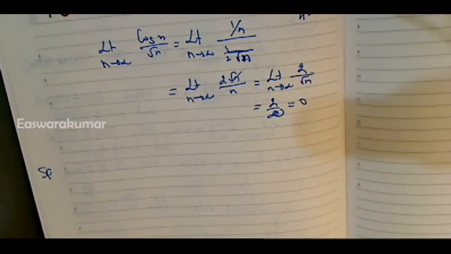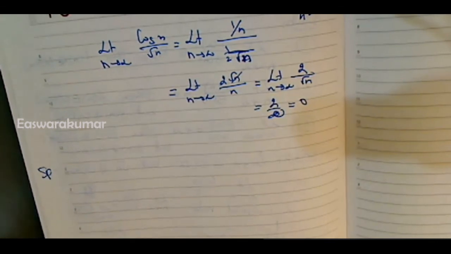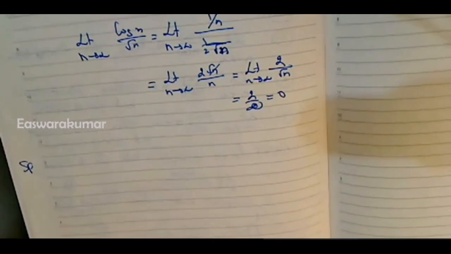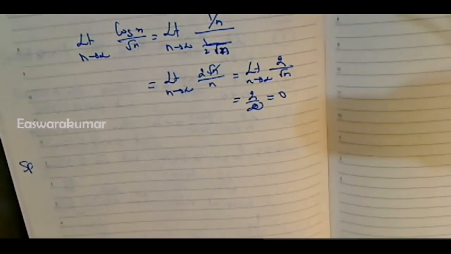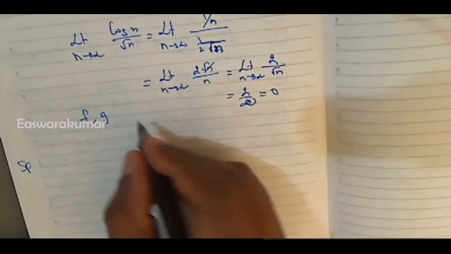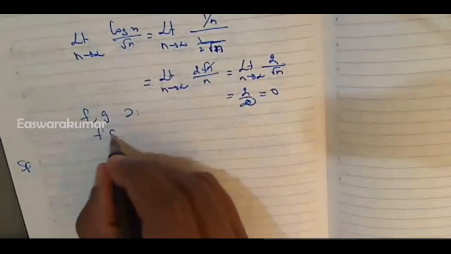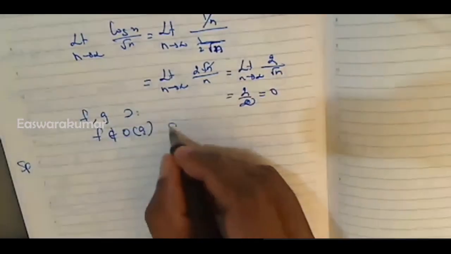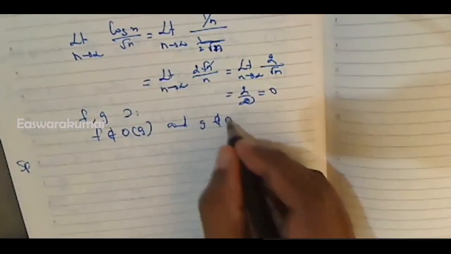Now another thing is, maybe sometimes I ask you to give an example for something. Maybe you have to provide two functions f and g such that f does not belong to O of g and g does not belong to O of f.